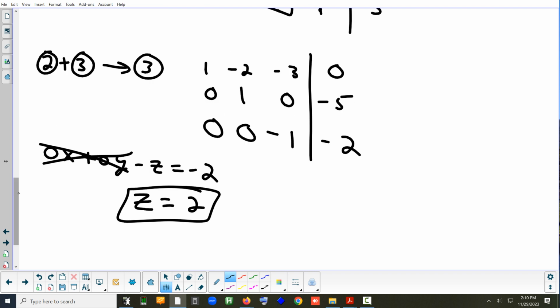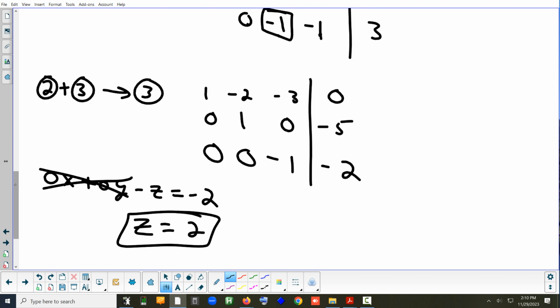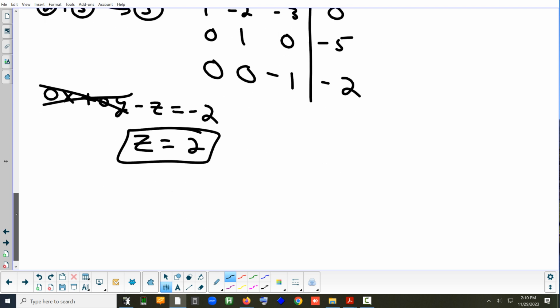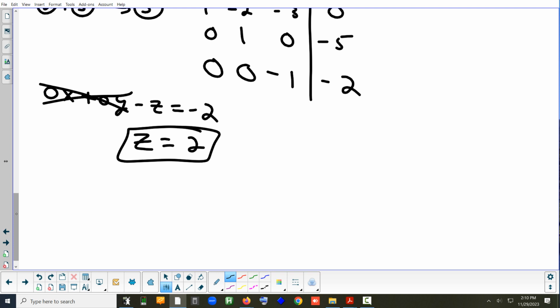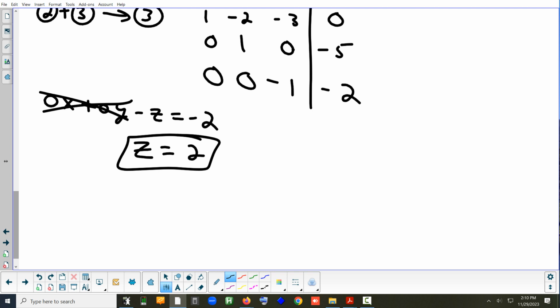Now, let's go back up to the next row. What does that second row tell me? y equals negative 5. Yeah, we don't even have something to substitute in. We got lucky, there's a 0 here, that usually doesn't happen. That second row tells me 1y plus 0z equals negative 5.